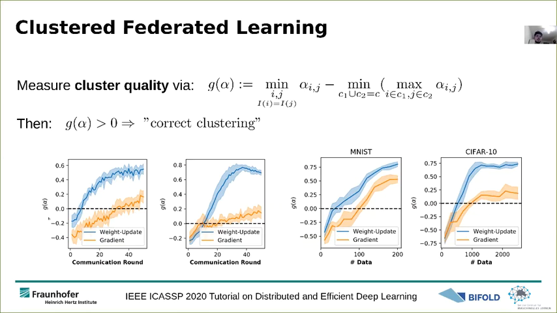So this shows that our theoretical results are maybe even too conservative and can also be extended to more practical regimes where we don't communicate gradients but weight updates instead. And it also already holds after a few communication rounds, and clients hold limited amounts of data.